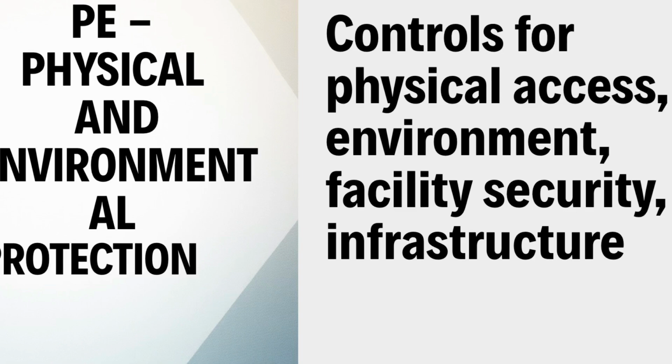This includes even something as simple as a padlock on a door, a data center being protected against flooding or fire, controls that protect offices from theft, any controls in place that secure the physical space and safeguard against environmental threats.